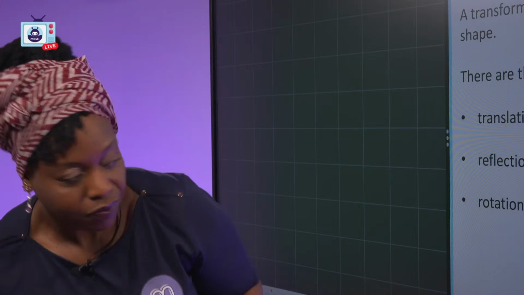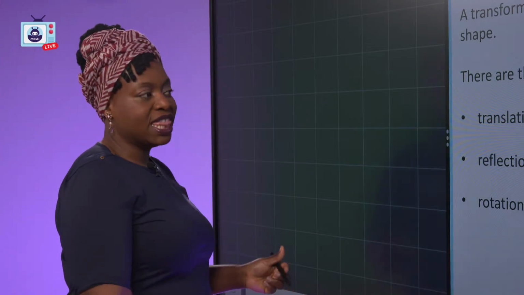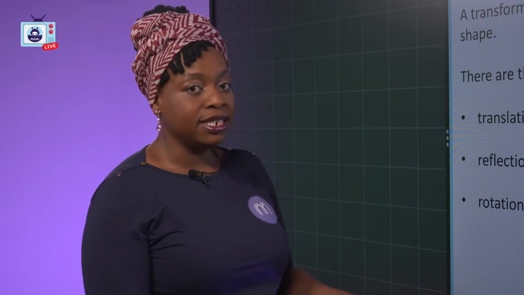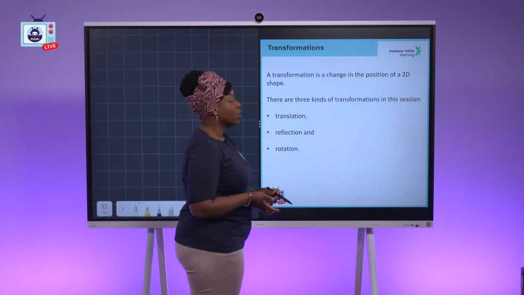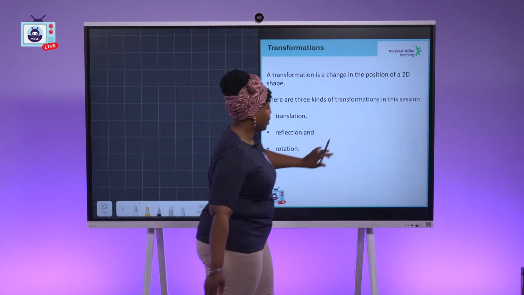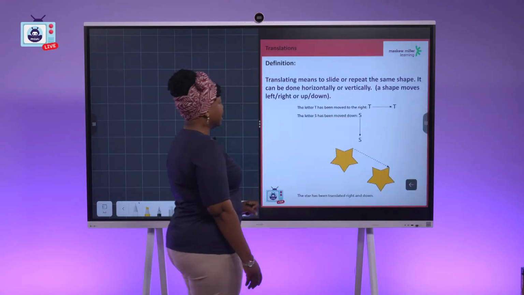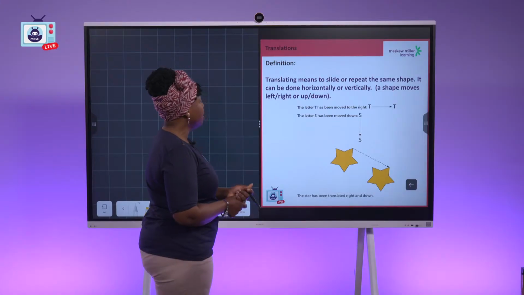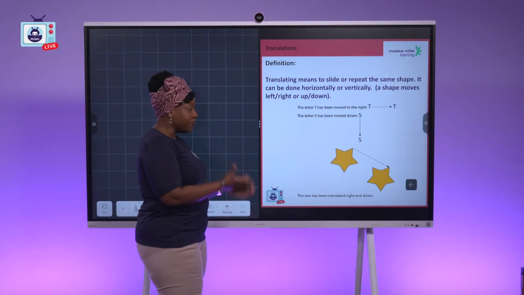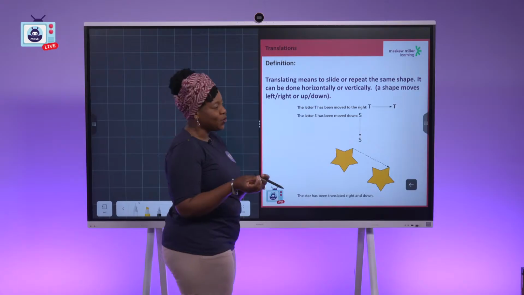Okay. So then with that, we have some parts that we use as a transformation, which one is called a translation, we have a reflection, and we also have a rotation. Okay. So let's start doing the definition of what is transformation and what is reflection and what is rotation.